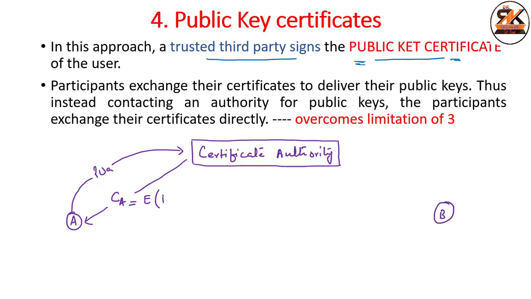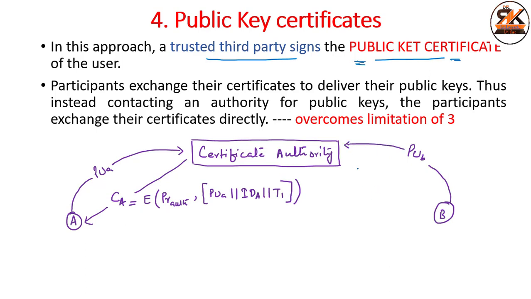They are going to be signed by the private key of the authority, and the contents are the public key of A, that is Alice, concatenated with the identifier of Alice and timestamp T1. So these are the contents in the certificate of A. Similarly, Bob will send a message containing the public key of Bob to this authority to get it signed.